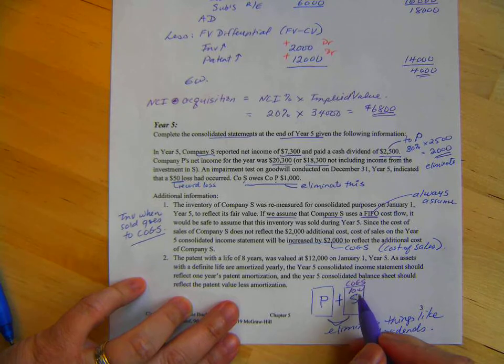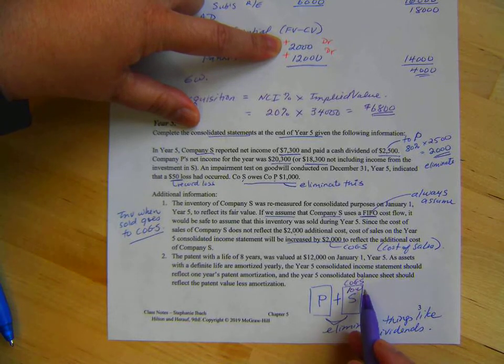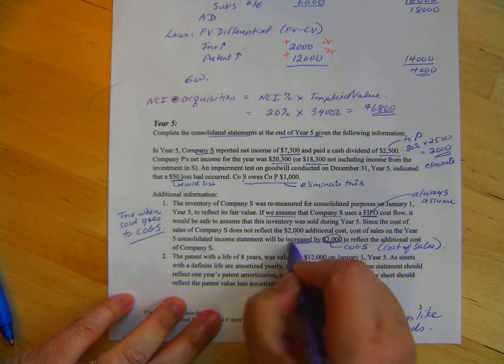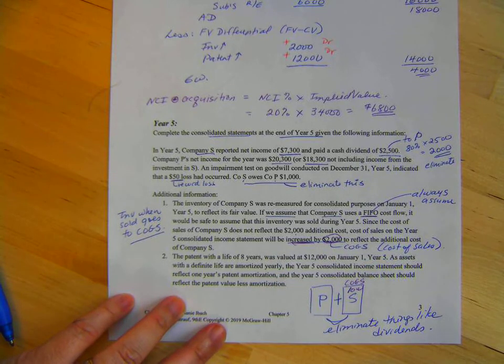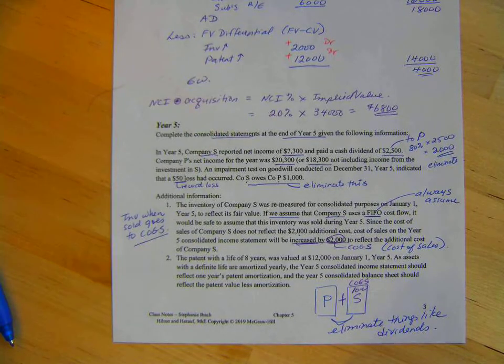So cost of goods sold is too small. It doesn't have this nice 2,000 added onto it like we have for consolidated. So we're going to have to increase cost of goods sold to recognize that we actually know the inventory is worth 2,000 more.